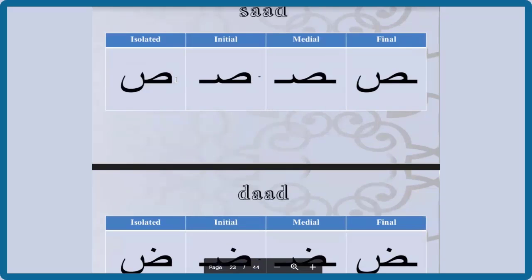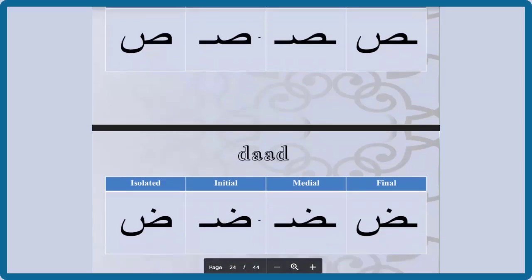So again, this is called Swad, an awesome letter, a heavy letter, right? Again, there are three shapes of Swad. You will find the half shape of Swad at the beginning. Then this is the medial, and this is the final one.